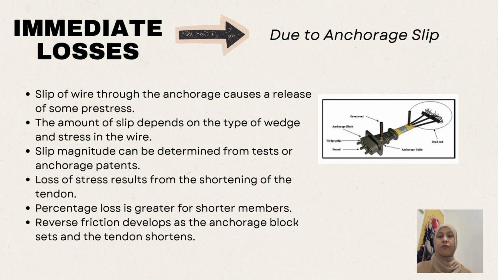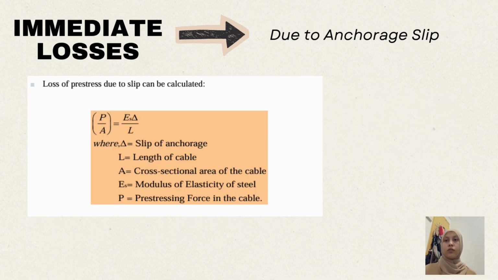Reverse friction develops as the anchorage block sets and the tendon shortens. This is how we calculate the loss of pre-stress due to slip: Δp equals the modulus of elasticity of the steel multiplied by the slip, divided by the length of the cable.